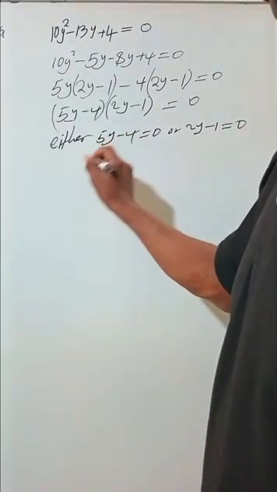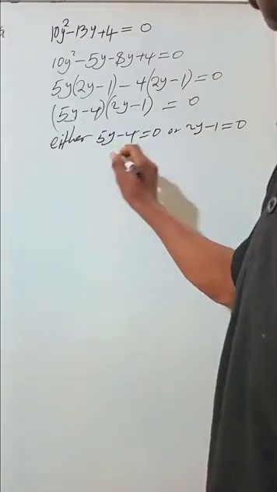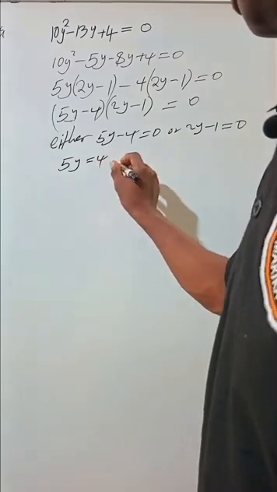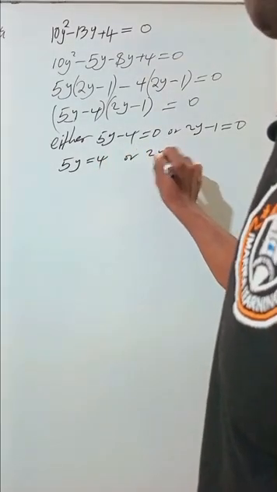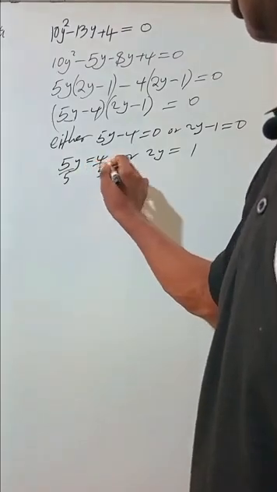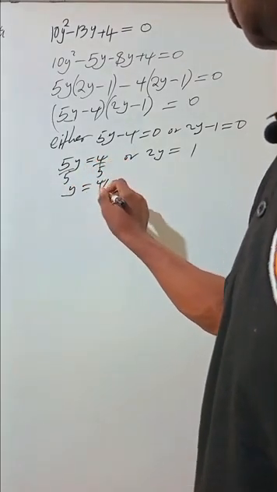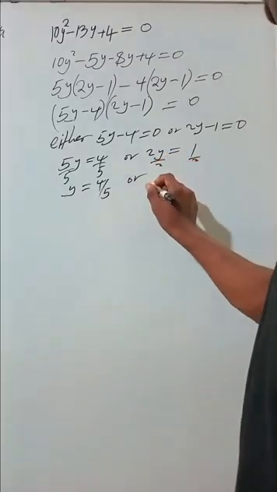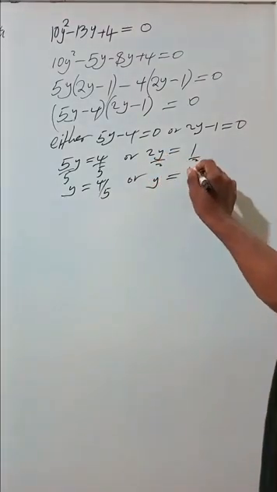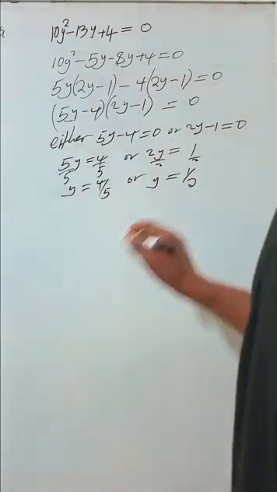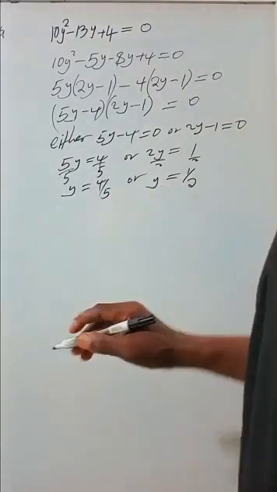So here we shall get 5y equals 4, or 2y equals 1. By dividing by 5, we get y equal to 4 over 5, or by 2, we get y equal to a half. Okay, these are the respective values of y.